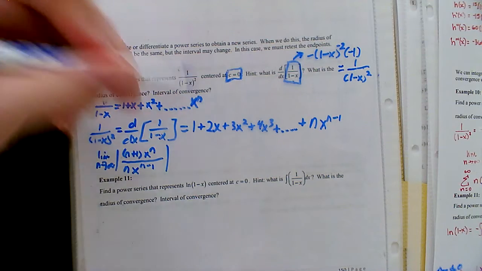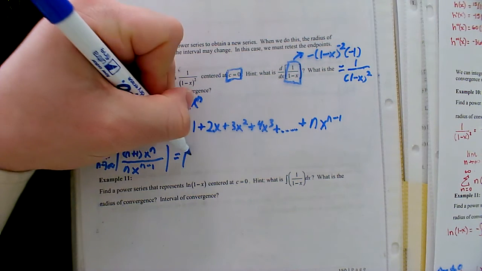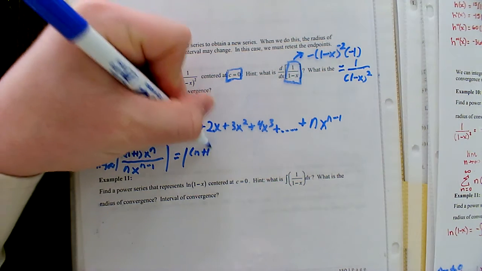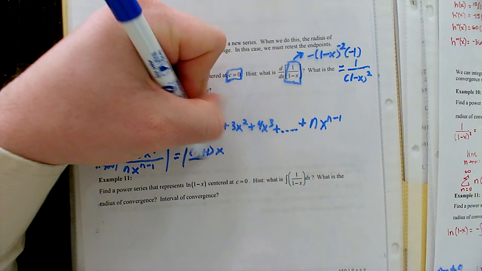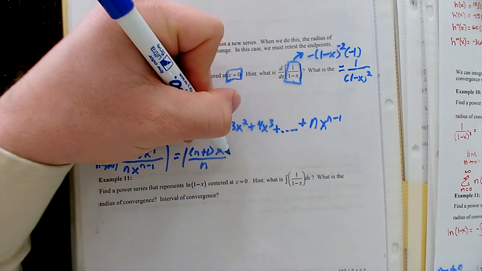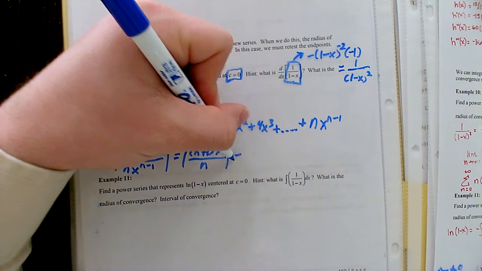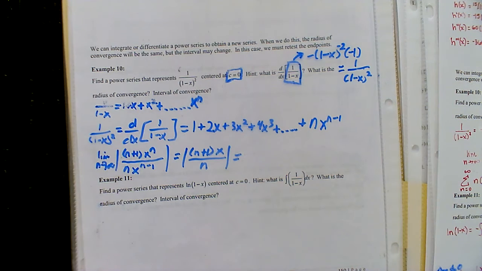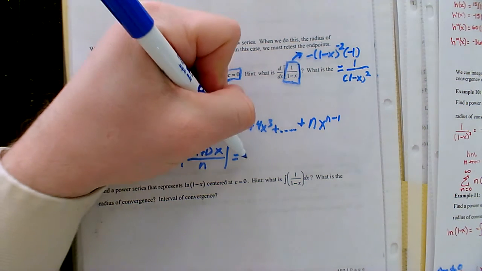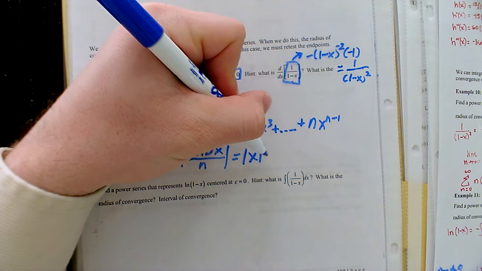That leaves me with the absolute value of n plus 1 times x over n. n plus 1 over n goes to 1, so I'm just going to be left with the absolute value of x.